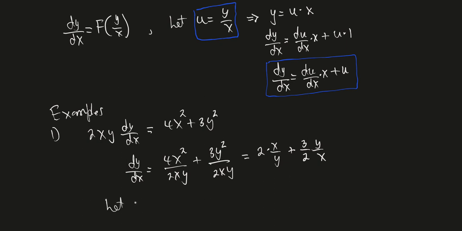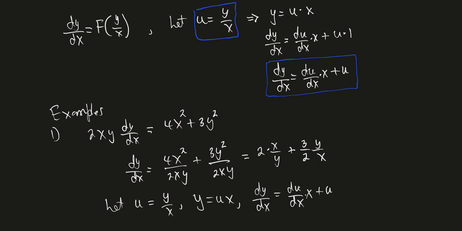So if we let u be equal to y over x, and sometimes this equation is helpful, y equals u times x, so I'll go ahead and write that down. This follows directly from this, and then by differentiating this, we get the third equation. But this is the key, because this is the equation that gives us the relationship between dy/dx and du/dx.